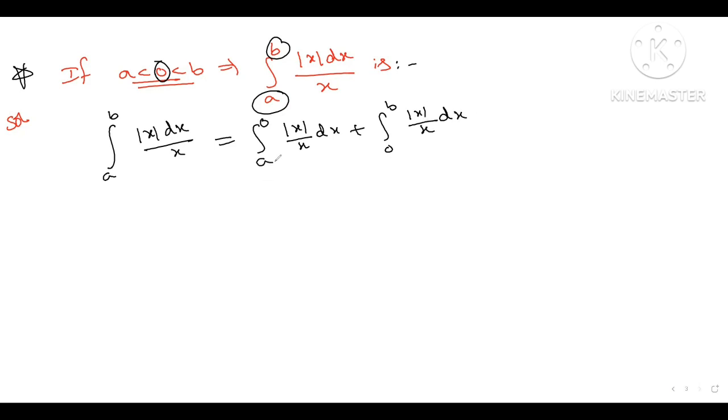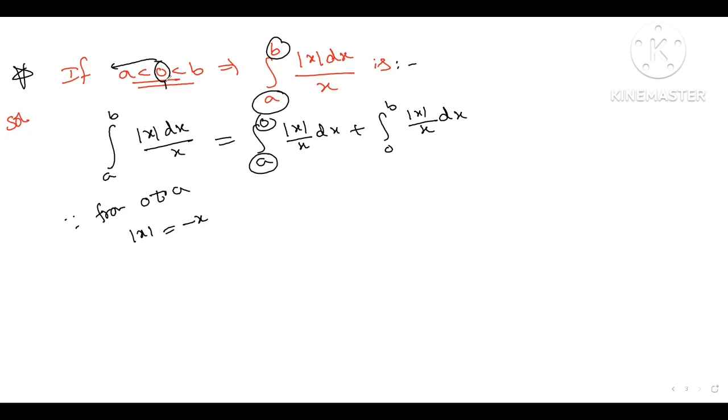From a to 0, modulus of x is equal to minus x. Why? Because from a to 0, x is less than 0, so modulus of x is minus x.